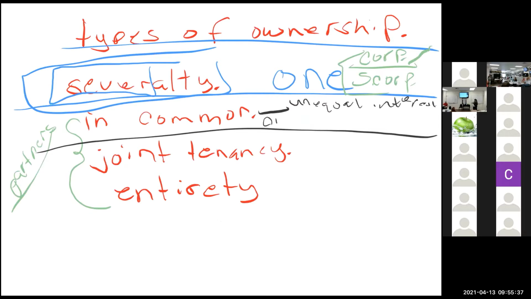You can will it. Okay, you can will it. It's like you own your portion by yourself. No, it can be divided, excuse me, scratch that. In common, you can will it, you can sell your interest. In apartment complexes, we see that quite a bit, where there'll be a partnership with 3 or 4 people.